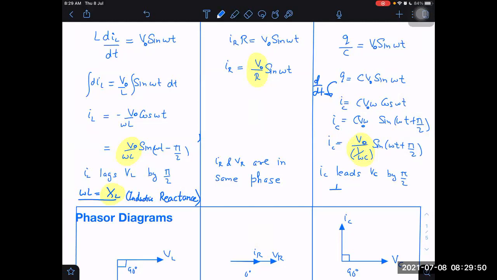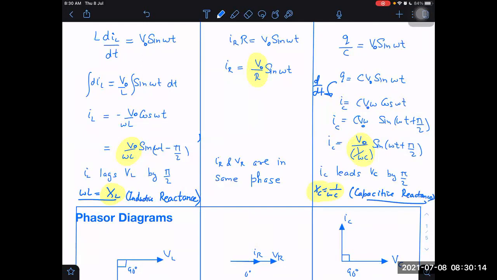Similarly, for this 1 by omega C, I will represent it by XC, and XC will be called capacitive reactance, because it is because of the capacitor.